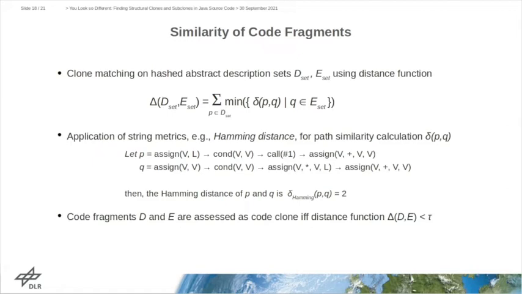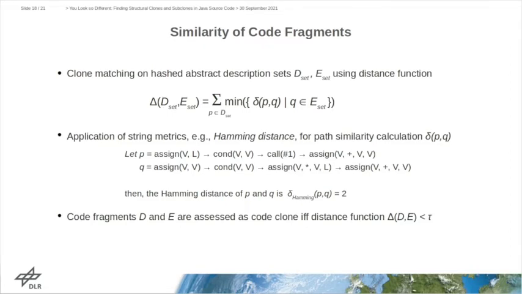The distance value for two paths can be calculated using string metrics, which are applied to the instruction sequences of the paths, such that included instructions are considered as characters. As a result, we basically perform a text-oriented comparison of the description sets.